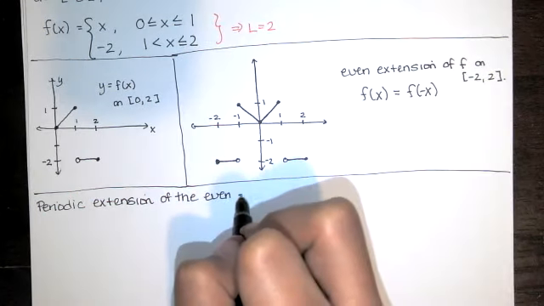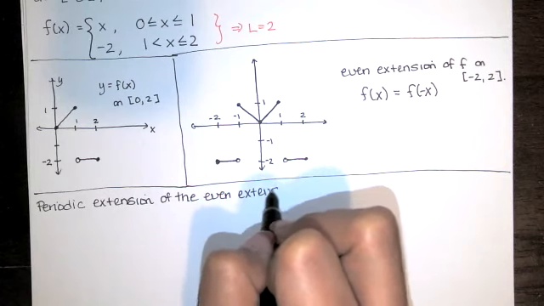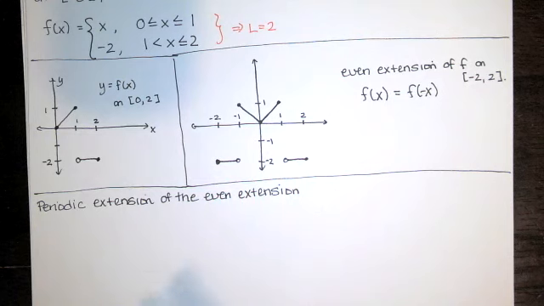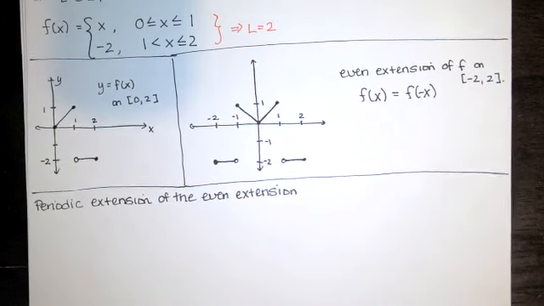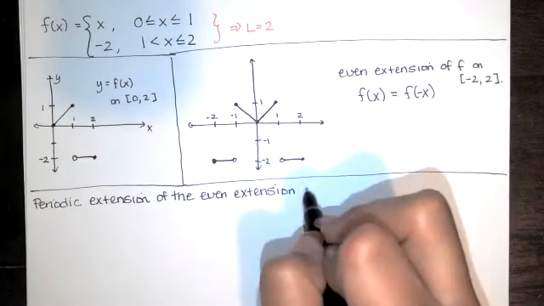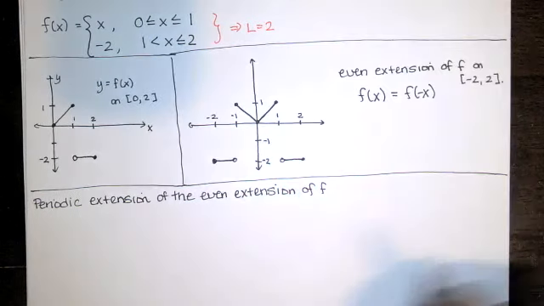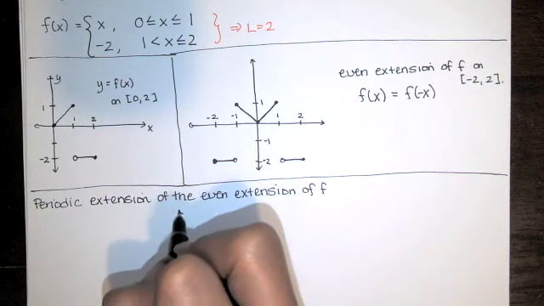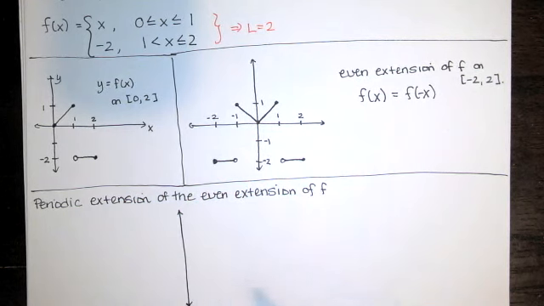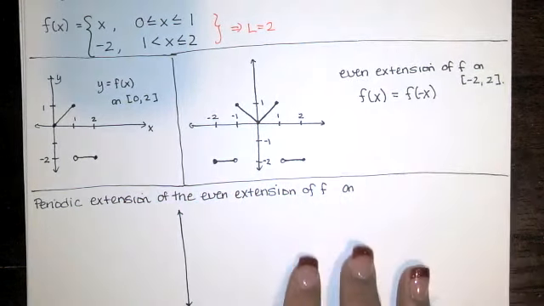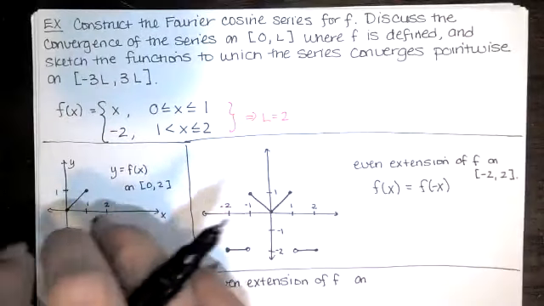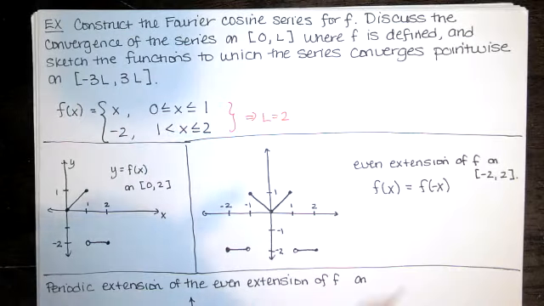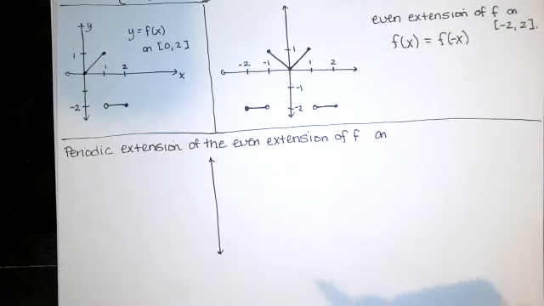Now this function is very similar to the function that our Fourier cosine series will converge to. We were asked to graph this on the interval from -3L to 3L. Since L is 2, we're going to graph from -6 to 6.